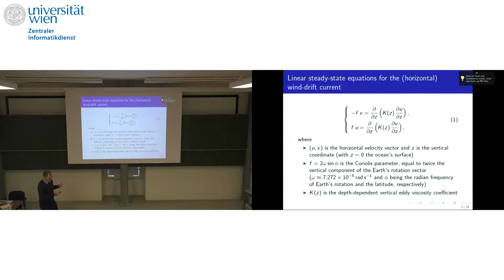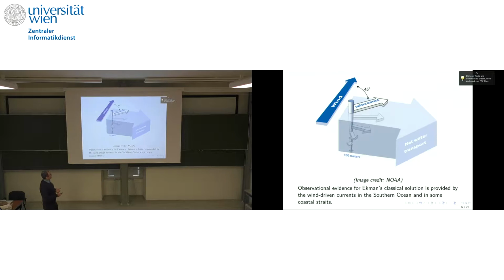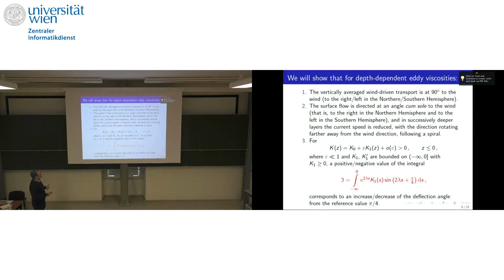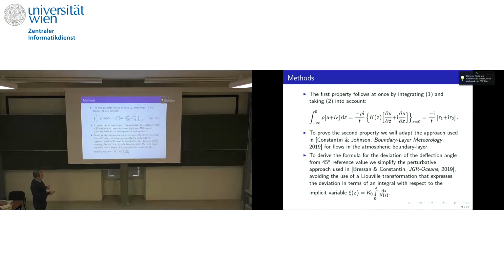The problem is that you get the formula, but because you perform this Liouville transformation, with K0 that constant, the formula for the deflection is expressed in terms of this new variable, which is not the real depth. So it's more complicated to interpret, and it would be better to have something in terms of the physical z variable, and not some implicit variable like this.